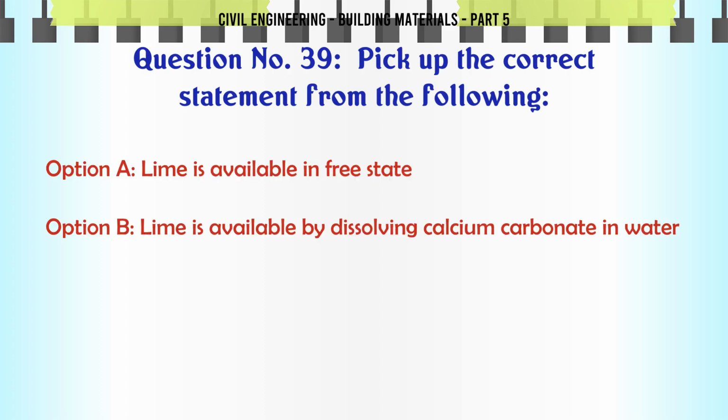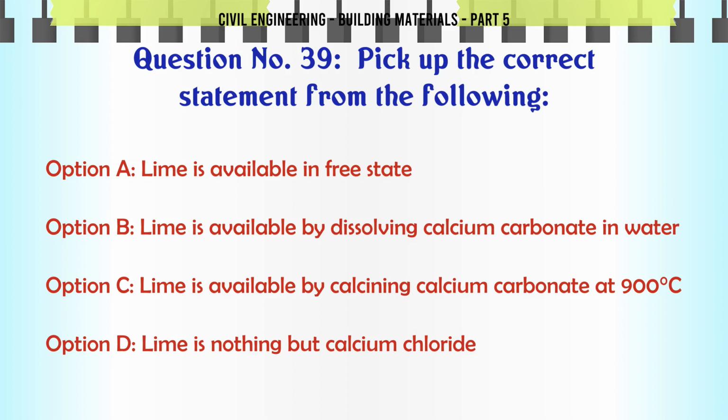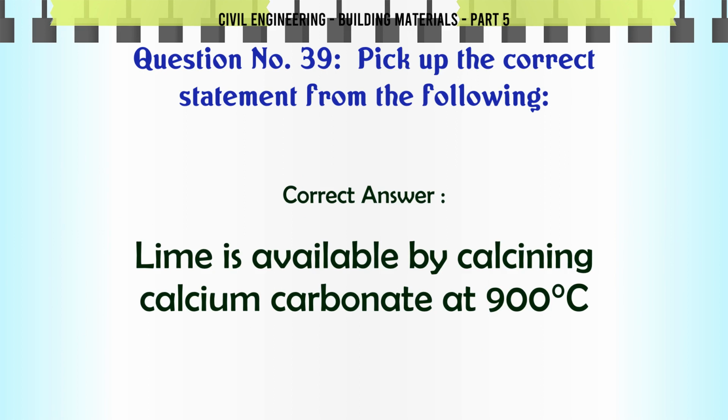A. Lime is available in free state. B. Lime is available by dissolving calcium carbonate in water. C. Lime is available by calcining calcium carbonate at 900 C. D. Lime is nothing but calcium chloride. The correct answer is lime is available by calcining calcium carbonate at 900 C.